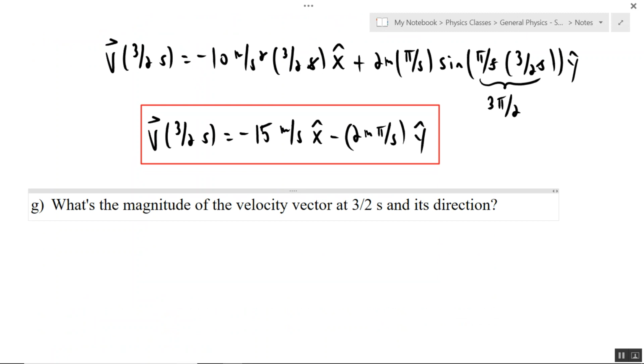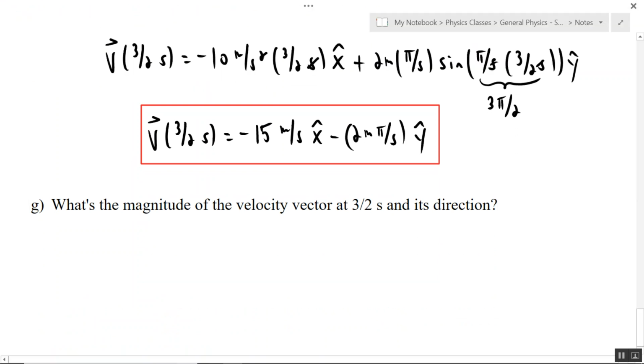The magnitude is how fast the thing is moving at this time, right? That's exactly what it tells you. So how do you find the magnitude? If you know the x and y parts, again, that's what we did a couple times already.